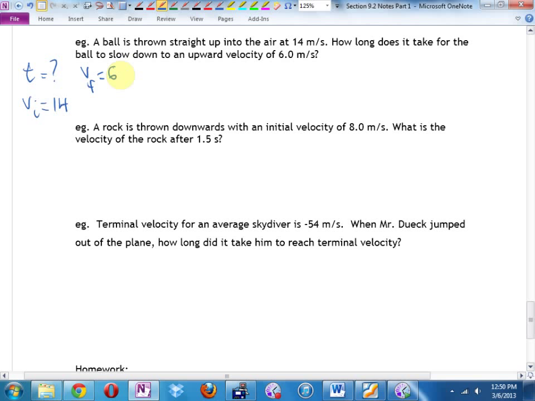Did we throw something in the air? Then what's the acceleration? Even on the way up, what's the acceleration? All that means is on the way up, it's slowing down. It's accelerating downwards. That's just like when you're driving forwards and you hit the brakes. You're slowing down. It's just vertical now. I need an equation that has a t by itself.